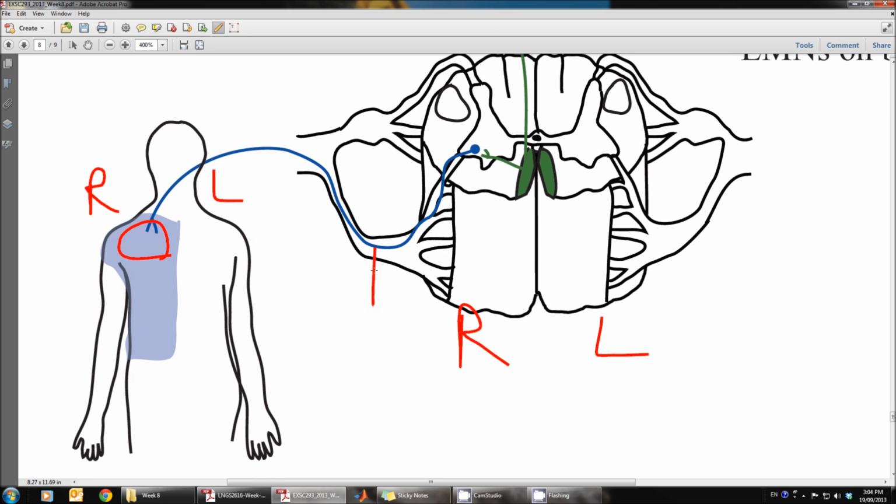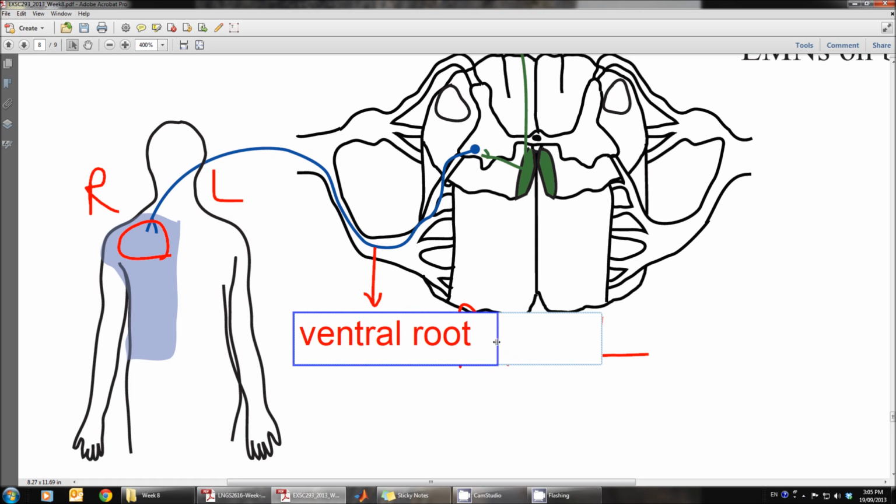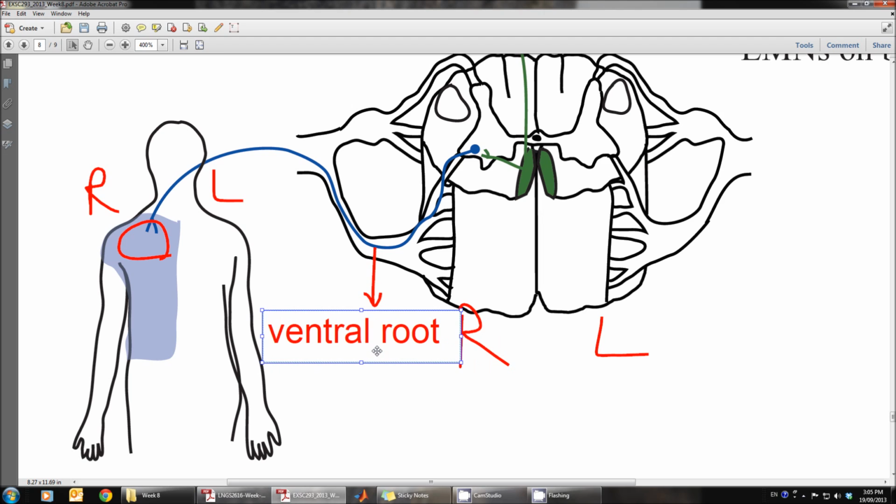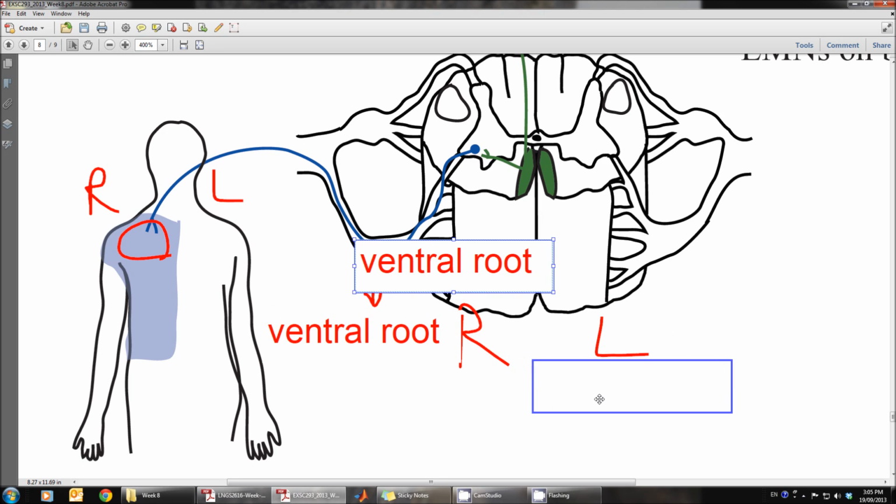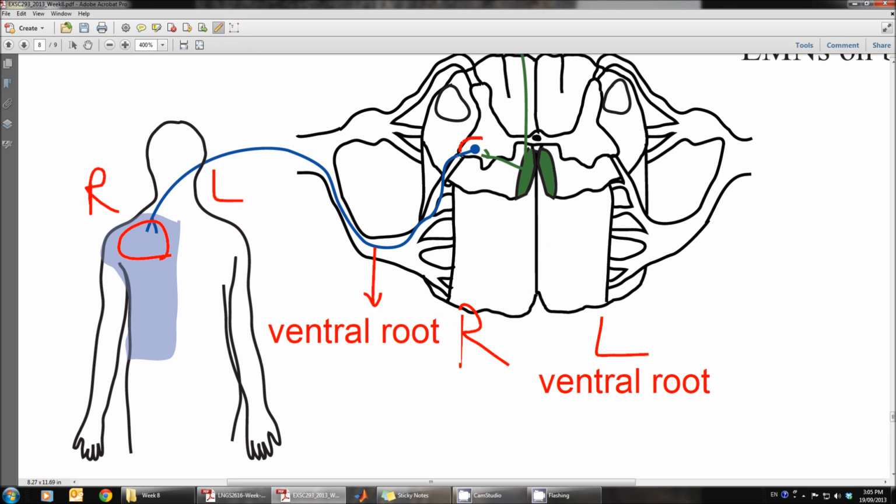It goes through the ventral root, so we can label some of the parts here. Sorry, ventral root, not horn. The cell body of the lower motor neuron is found in the ventral horn, so you can say this is the ventral horn. Change that.